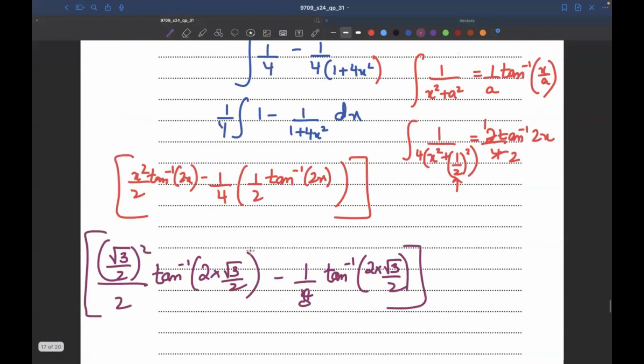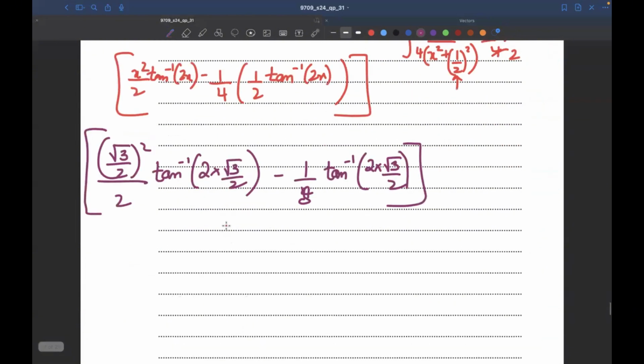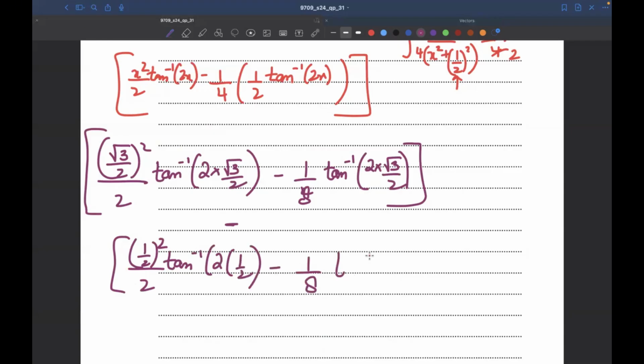So the lower limit will be 1 upon 2 whole squared upon 2 tan inverse of 2 into 1 upon 2, minus 1 upon 8 into tan inverse of 2 into 1 upon 2. Now we'll simply substitute all of this in the calculator and find the final answer.